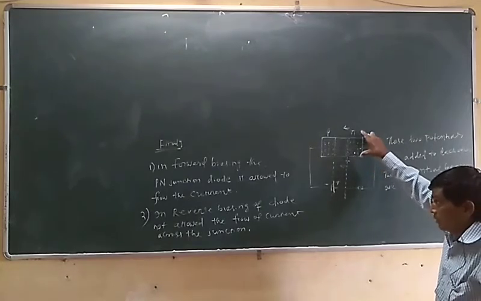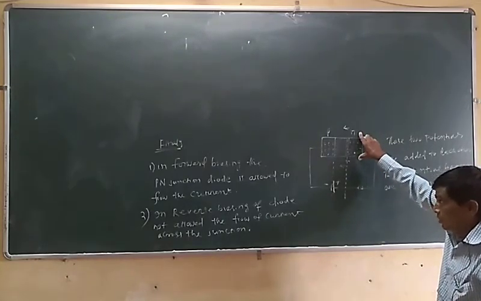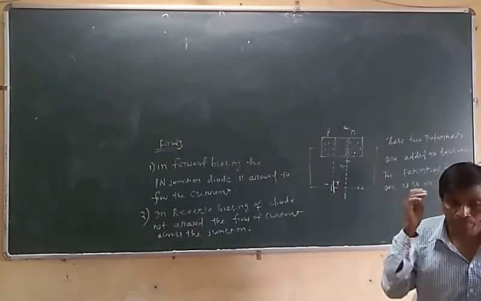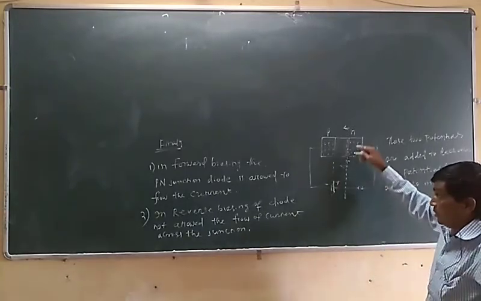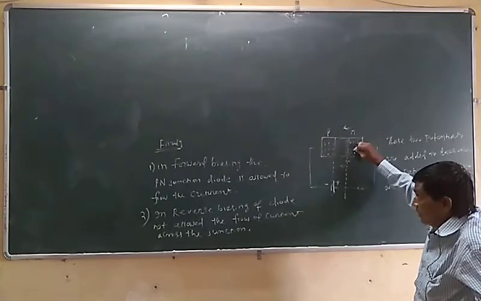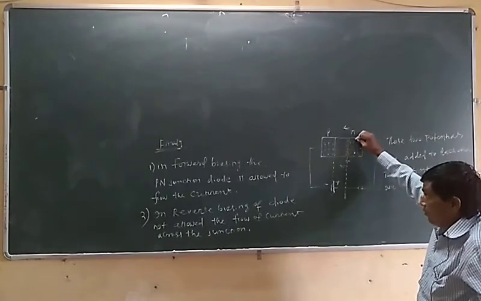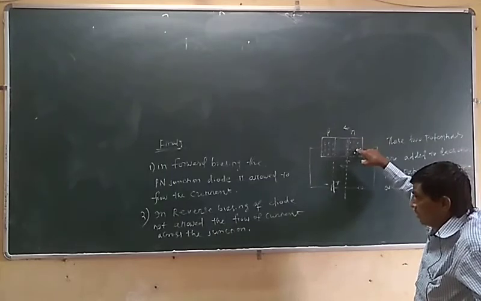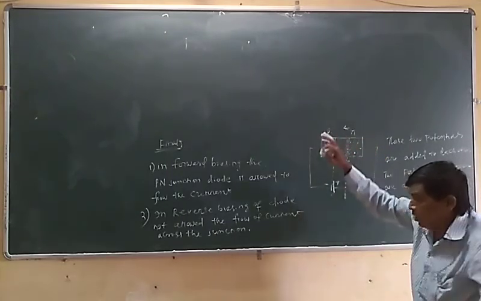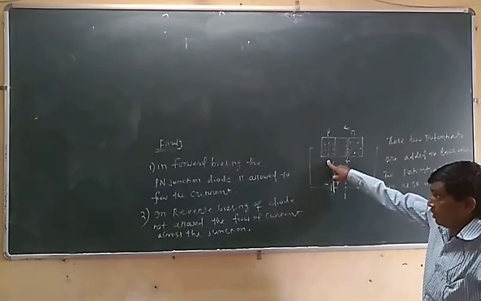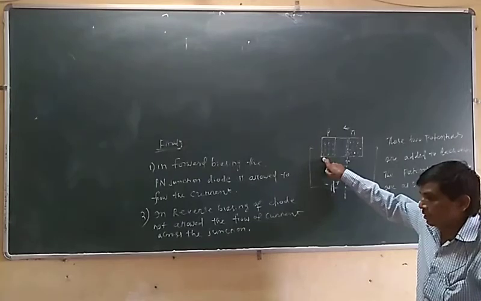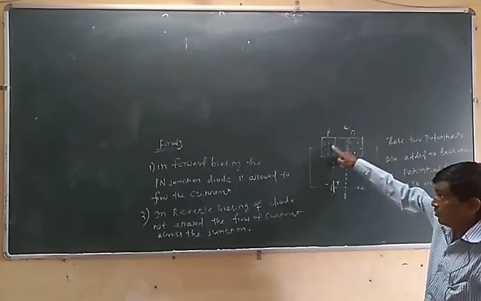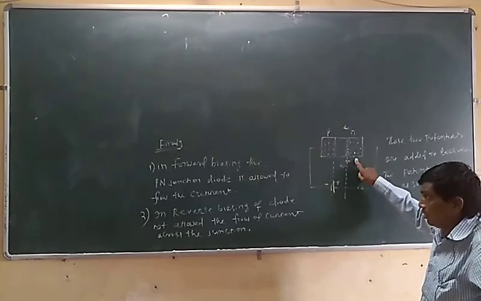These positive charges or holes flow across the junction, because holes always flow from positive to negative. So in this way, the minority charge carriers of the n-type semiconductor, which are holes, are allowed to flow across the junction, and in the p-type semiconductor, the electrons as minority charge carriers are allowed to flow across the junction from the p to the n side.